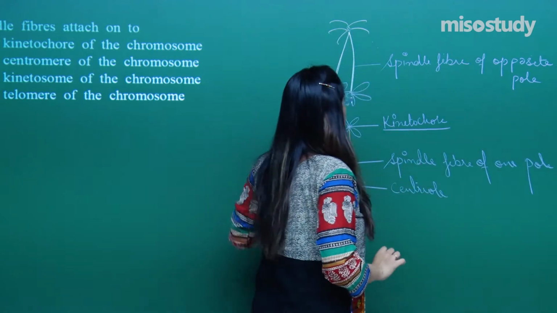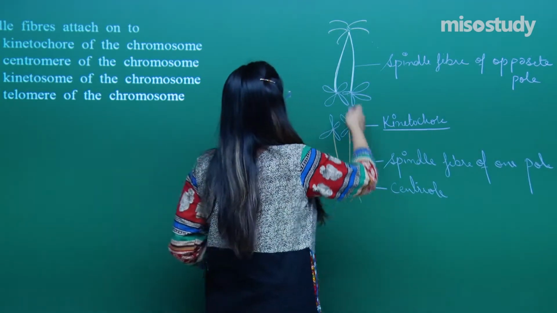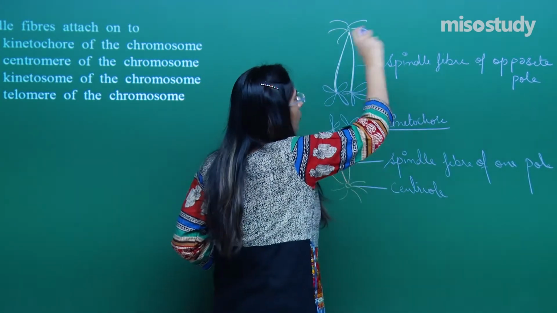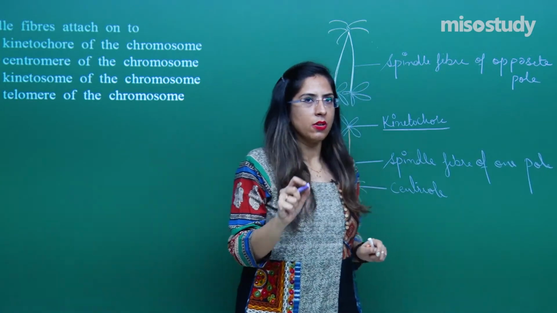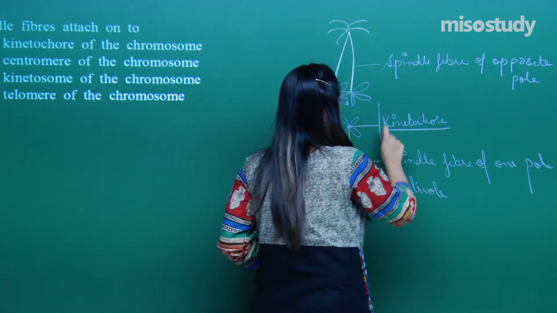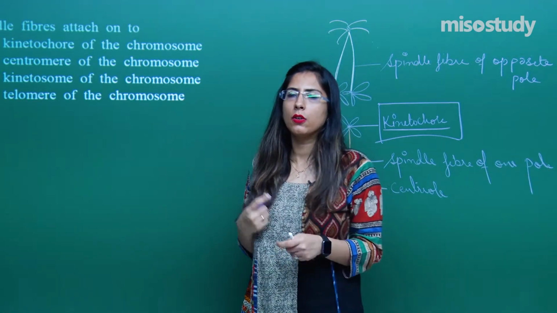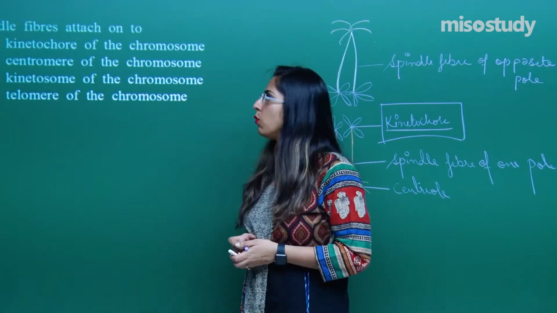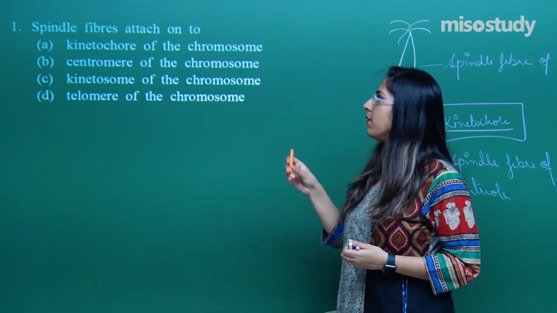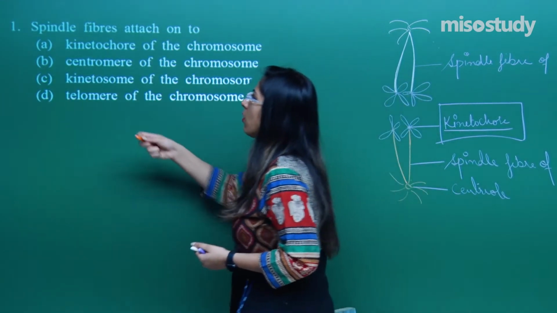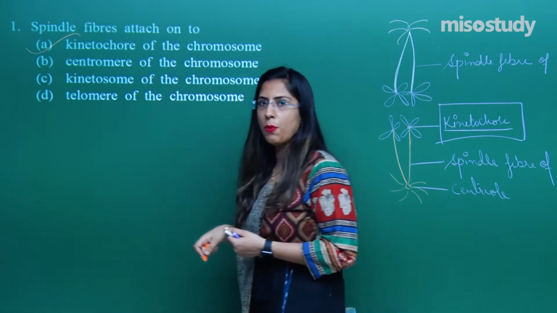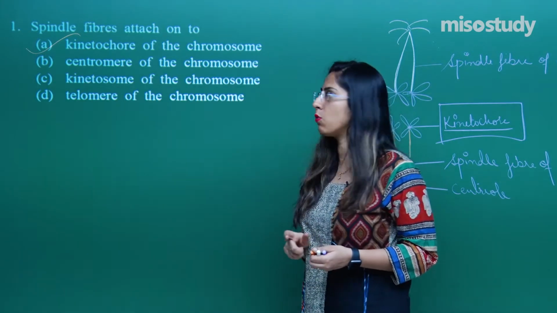Similarly, this is also a centriole present at the other end, and these are all enclosed in the membrane. So our question is solved. Kinetochore is the region at which the chromosome attaches itself to the spindle fiber. Spindle fibers are attached to the kinetochore of the chromosome. So the correct option for the first question is option A.